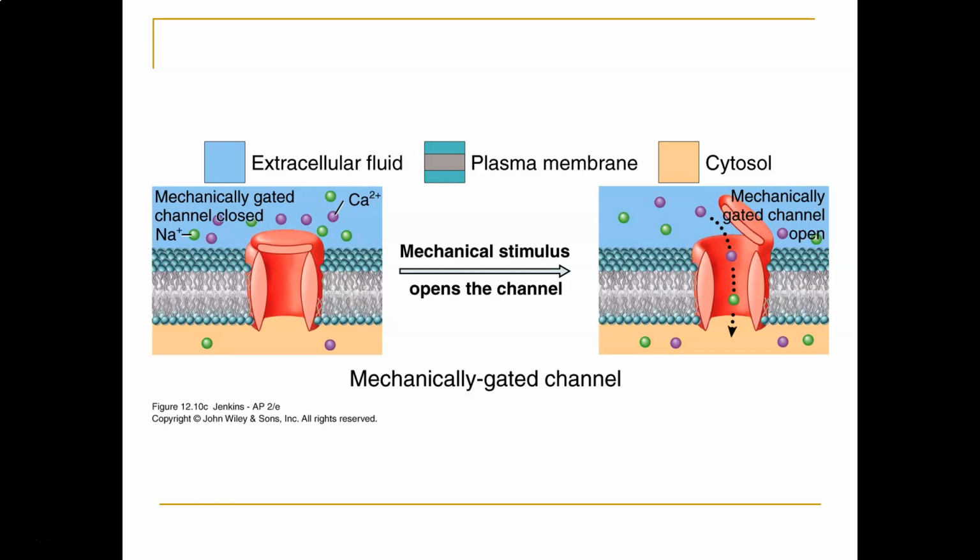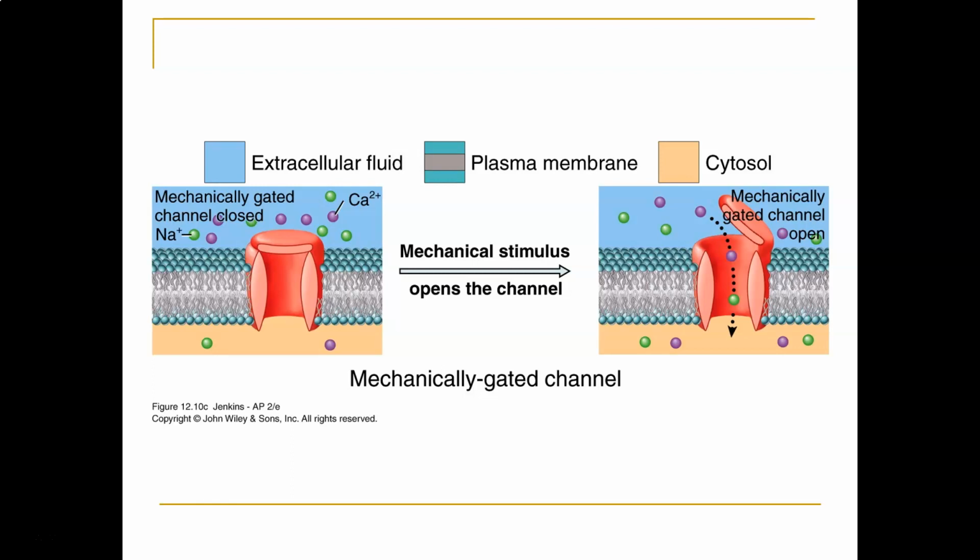The big difference for graded versus action potentials is in what exactly opens the gate. In the axon, it was the voltage across the membrane. Remember I said they were called voltage dependent gates. So that little piece of protein that served as the gate, the arm, it would only go up to open the gate if the membrane potential changed from -70 enough.